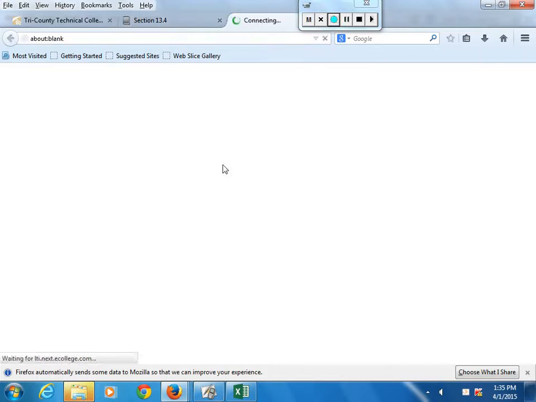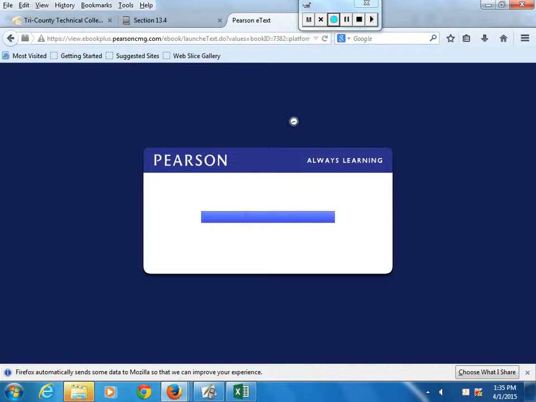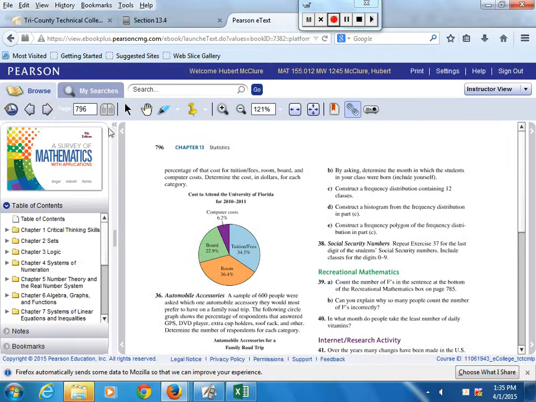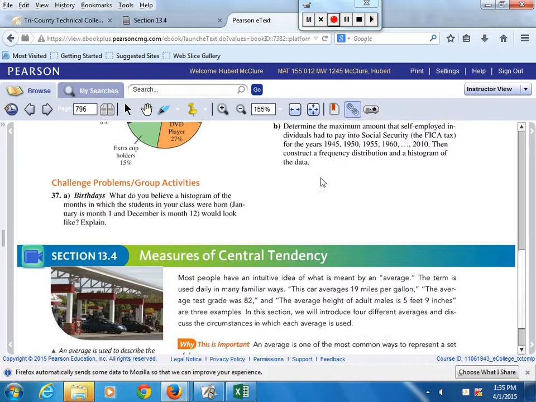They should have both of them written down. I don't even know if standard deviation is in 13.4, it may be in 13.5. Let's see what it is.